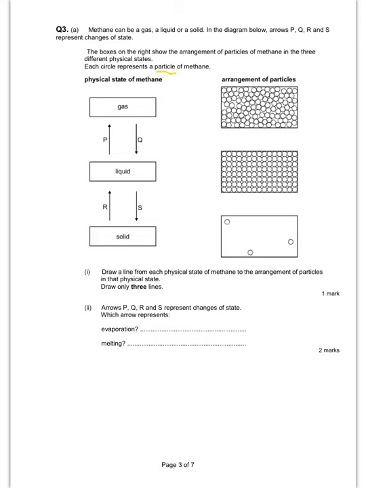So we've got different physical states, and the physical states are solid or liquid or gas. That's what this means. So those are the different states, solid or liquid or gas. And so our command is to draw a line from each physical state of methane to the arrangement of particles. So draw only 3 lines.